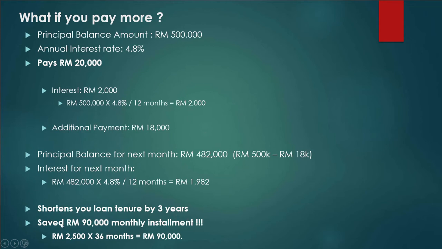Three years of monthly installment is 90,000 ringgit: 2,500 times 36 months in 3 years gives 90,000 ringgit. So if you are willing to pay additional right here, right now, you will save 90,000 ringgit in the long run. This is basically the benefit that the semi-flexi loan offers.